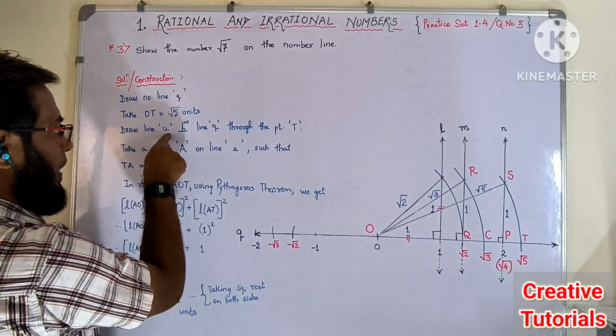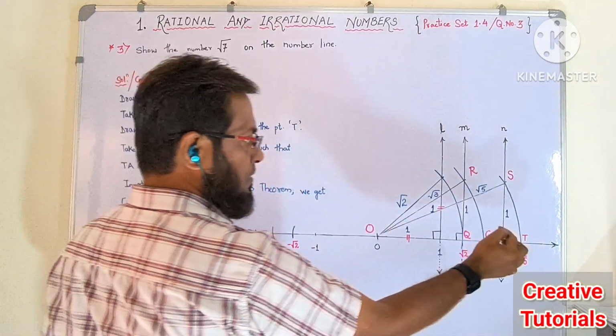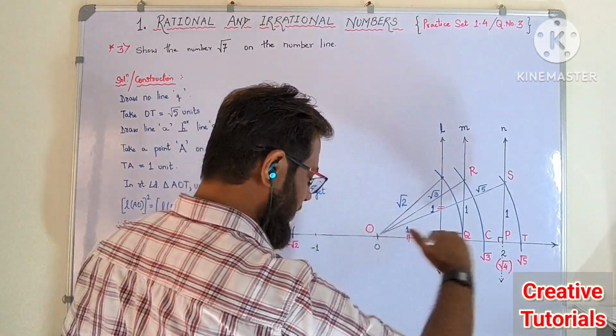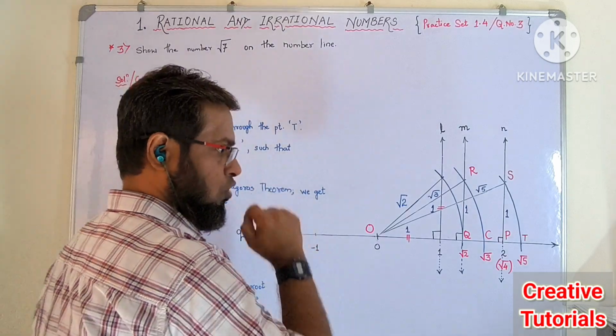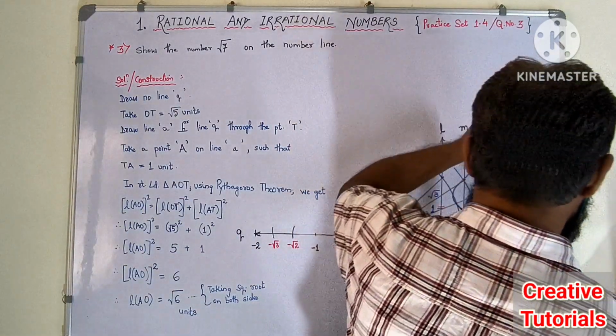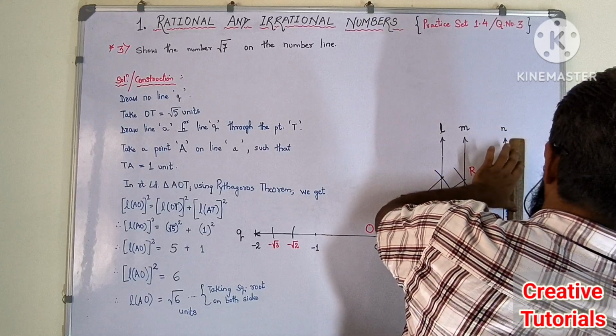Now draw line A perpendicular to line Q through the point T. That means at this point T, I need to draw one perpendicular to line Q. Okay, let us draw that first. So we'll take our scale and, come on, let's draw it.